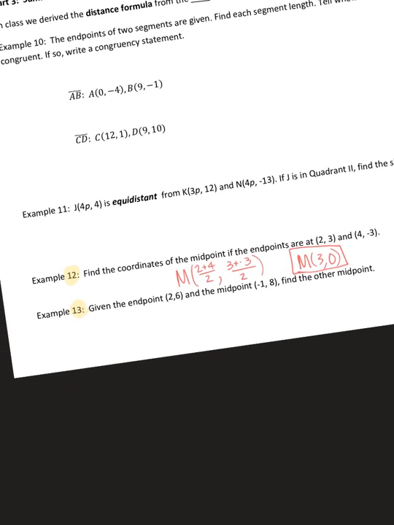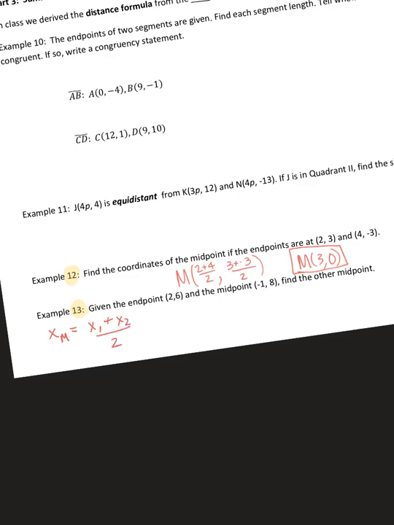When we look at number 13, it says given the endpoint (2, 6) and the midpoint (-1, 8), find the other endpoint. So you can use the formula, and you can say, if you're just looking for the x-coordinate, if you know the x-coordinate of the midpoint, so I'll call it x sub m, we know that that's x sub 1 plus x sub 2 divided by 2.